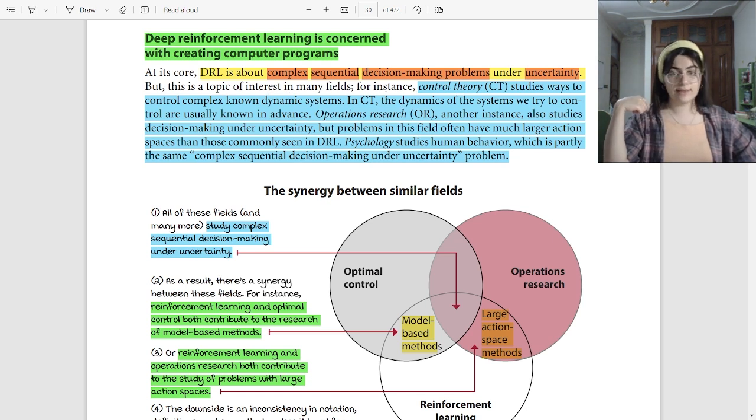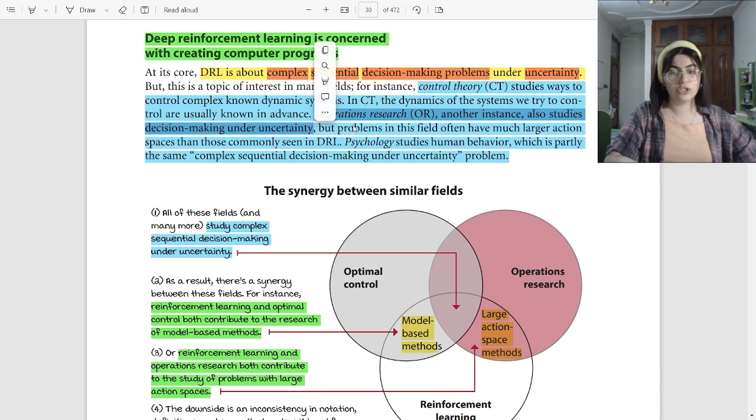For instance, it mentions that control theory studies ways to control complex known dynamic systems. In control, the dynamics of the system we try to control are usually known in advance. So we have control theory, which has some similarities with RL, and then we have operations research. Another instance also studies decision making under uncertainty.